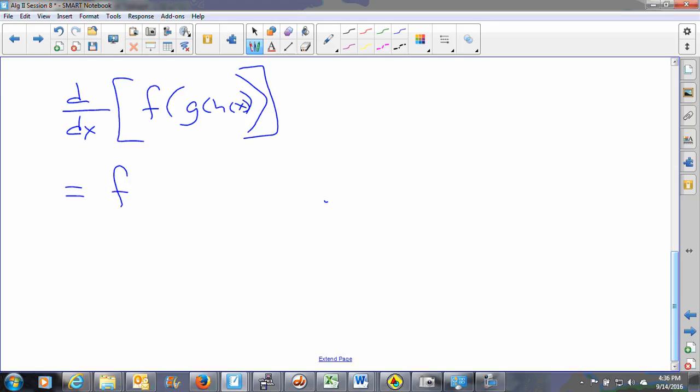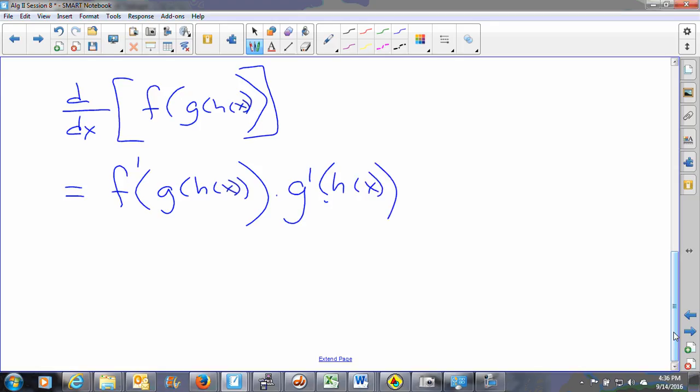You get f prime of g of h of x times the derivative of g of h of x, which is g prime of h of x, times the derivative of h of x, which is h prime of x. And this chain can keep on going if you have more inside and outside functions.